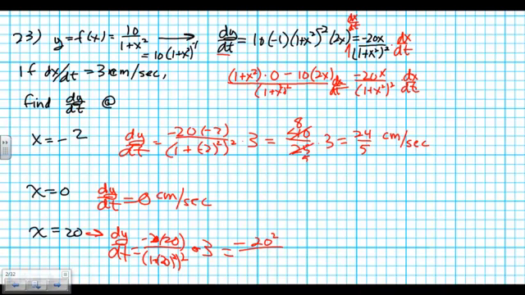On the bottom I'm going to have 401 squared, all times 3 centimeters per second. I don't know what that number is. It's really big. Okay. All right.